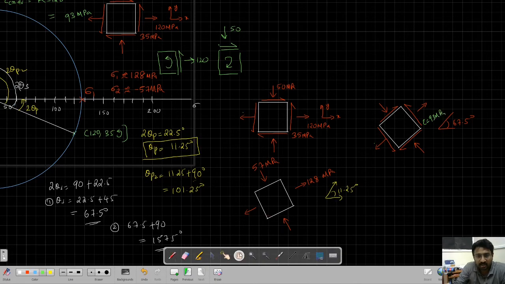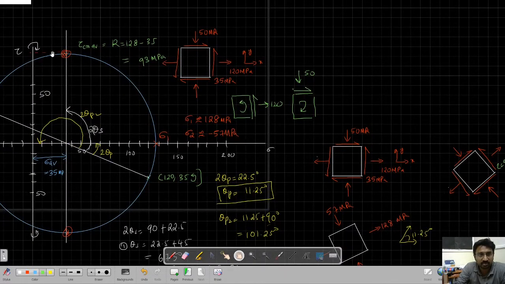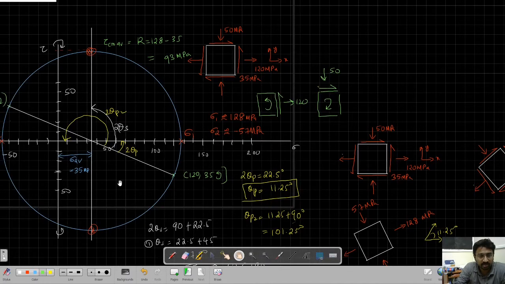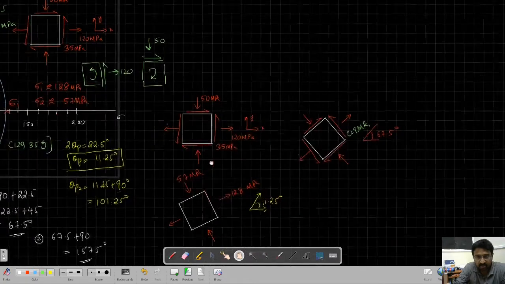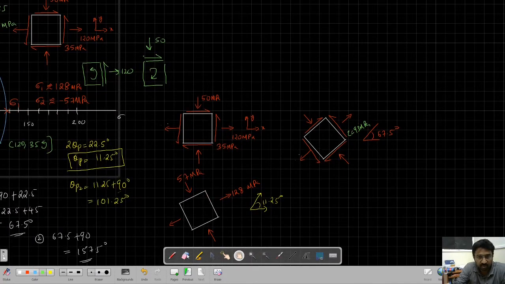Okay, and in this orientation, the normal stress is nothing but sigma average, that is 35 MPa. It is tensile. So this point is tensile, this point also is tensile. So that means here the arrows are wrong.